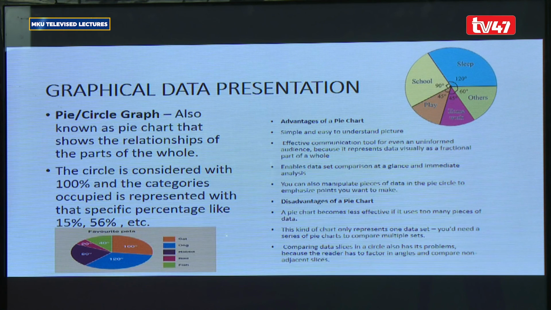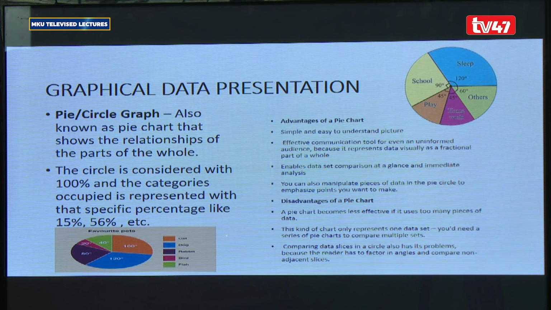It also enables comparison of data. You can be able to compare the large and the smaller amount of data, and it can also be manipulated to fit whatever the researcher wants to put there. We are also saying because of the ability to manipulate, it could also be a disadvantage to give false information. But it also allows us to be able to compare several types of data.